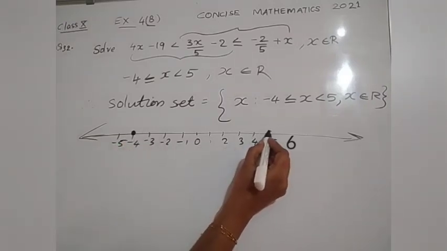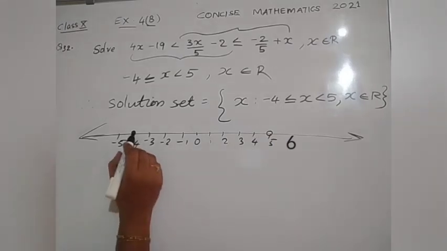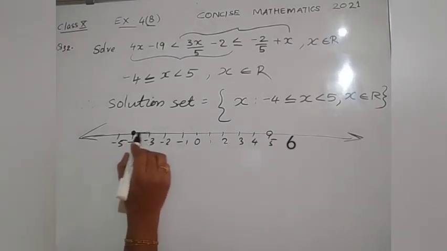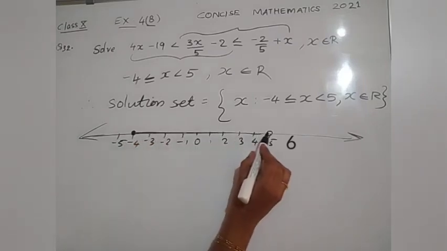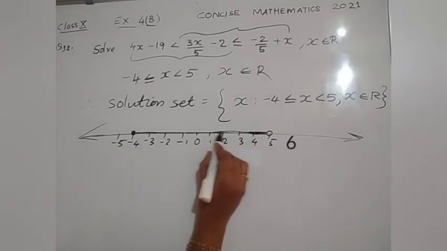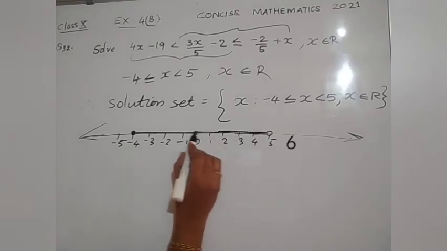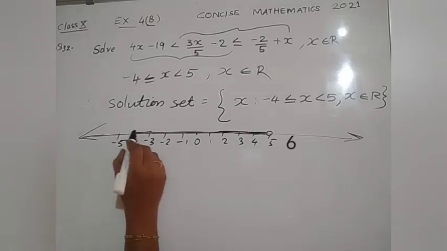We have to mark a dark circle at minus 4 and hollow circle at 5. Minus 4 to 5, we have to shade that region also, which is the required solution set on number line.